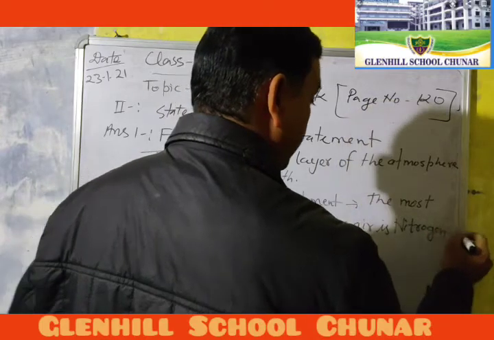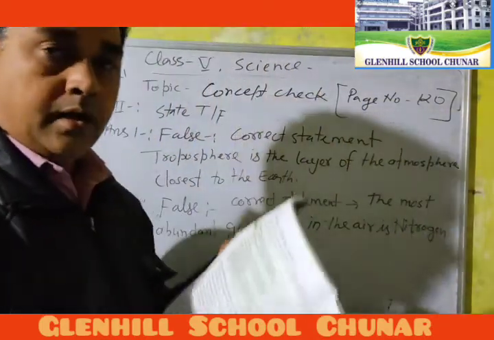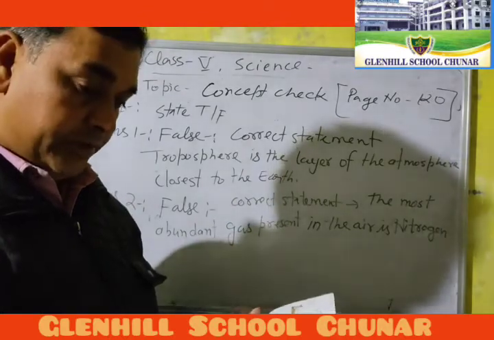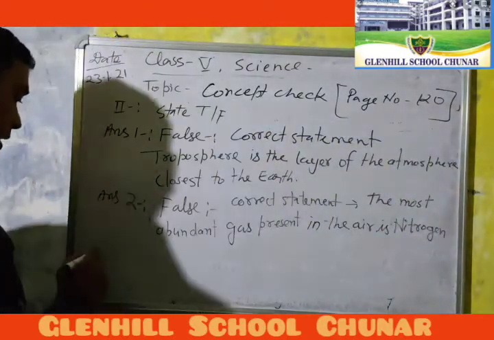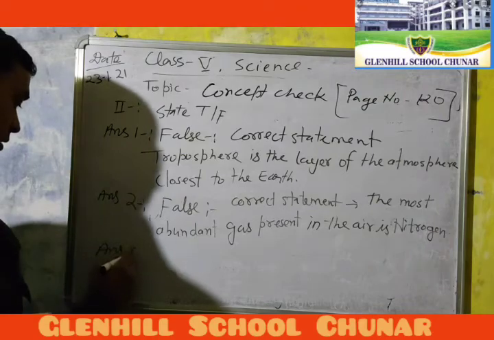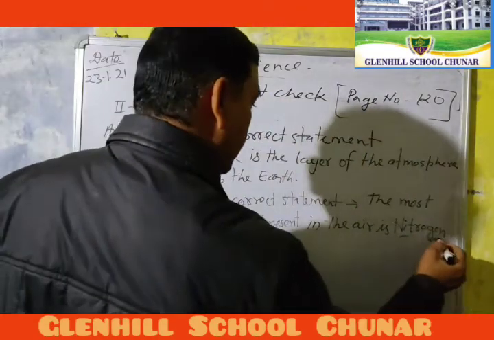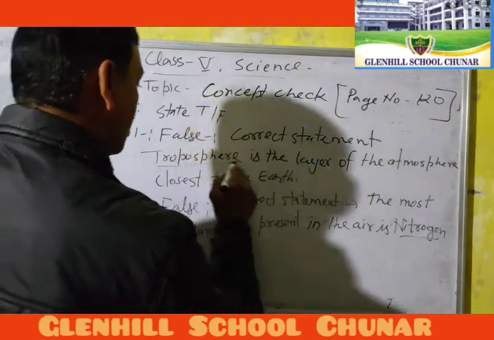Nitrogen is 78% and oxygen is only 21%. Third answer. So change only nitrogen in this and change only troposphere in this.